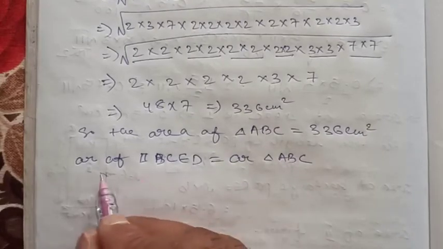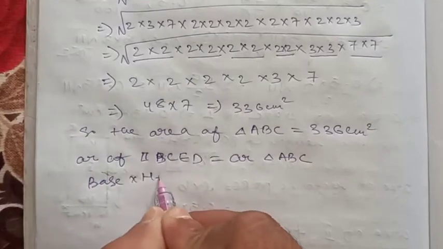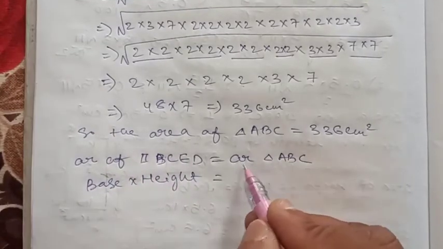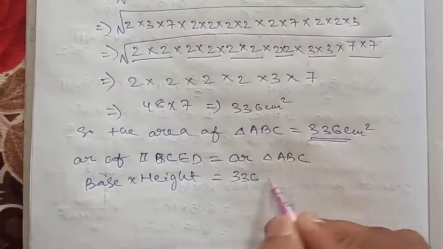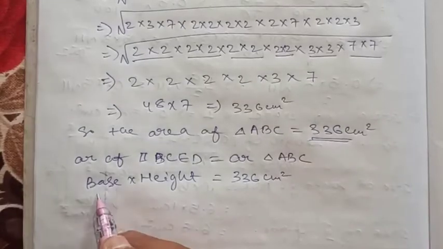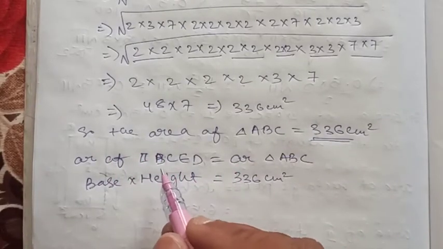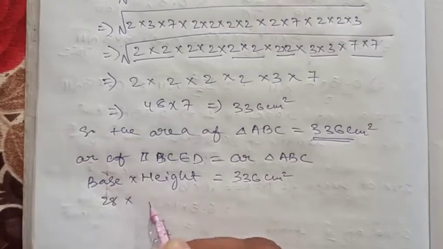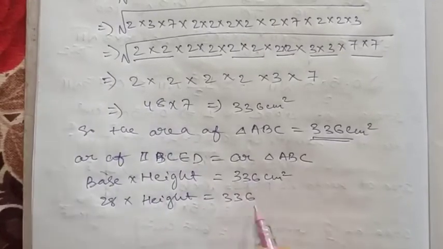So area of parallelogram formula is base into height. Okay, the area of a parallelogram is base into height, and the area of triangle ABC, how much we got? 336 centimeter square. Okay, now what is the base of the parallelogram? Both the triangle and parallelogram has been constructed on the base 28 centimeter into height equals to 336.